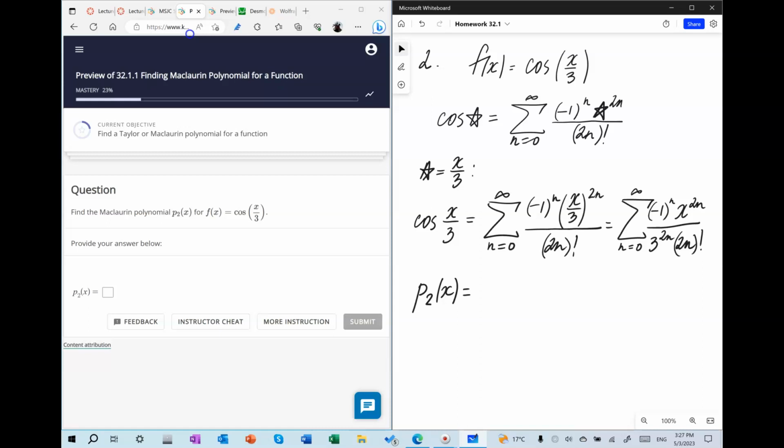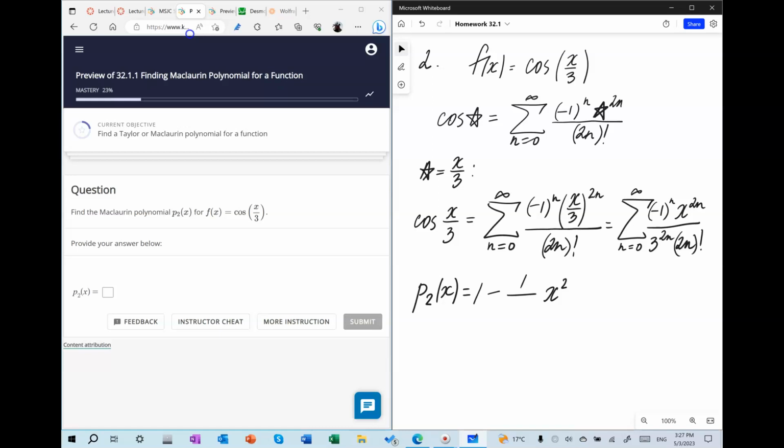So 0 power first and second. So when n equals 0, we literally have 1. When n equals 1, we have minus x squared, and in this case, because the powers are doubled, we don't have to evaluate it for n equals 0, 1, and 2.